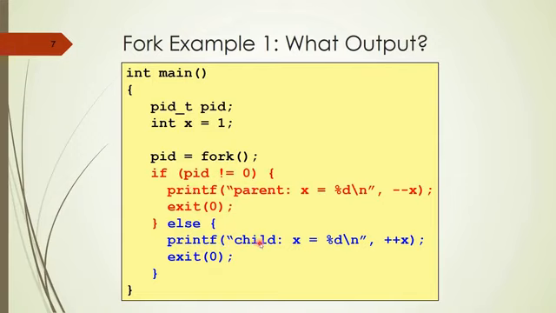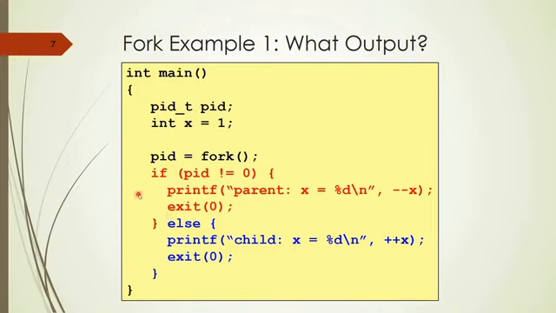So what will be the output? Because the same program will be copied to both parent and child, and the initial value of x is 1, the parent will subtract 1 and the result for the parent will be 0. Whereas the child will also execute the same code, but it will execute the else part.